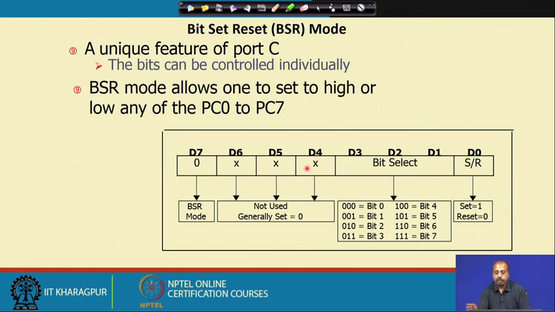Then the next 3 bits will select the bit that you want to set or reset. Okay, so, there are 8 bits. So, you can select these bit numbers by putting this bit select accordingly. Then if you want to set this bit, then this D0 should be 1, if you want to reset the bit it should be 0. So, this way you can control these individual bits of this port C and you can set or reset those bits.